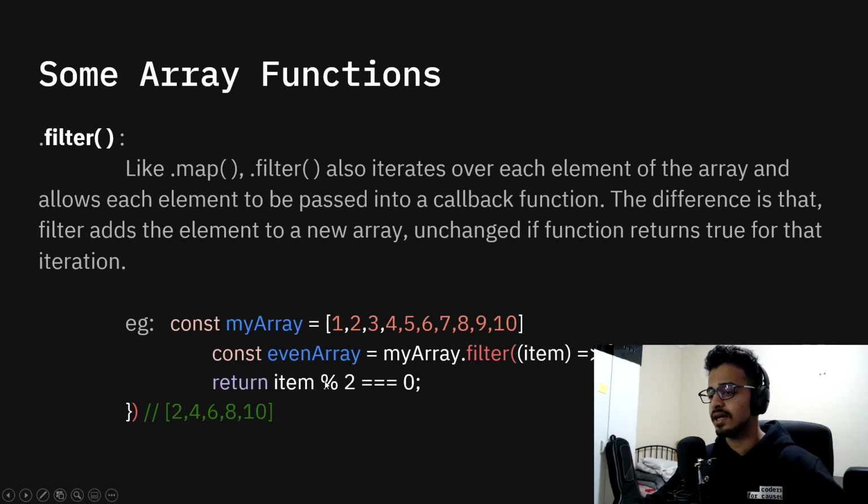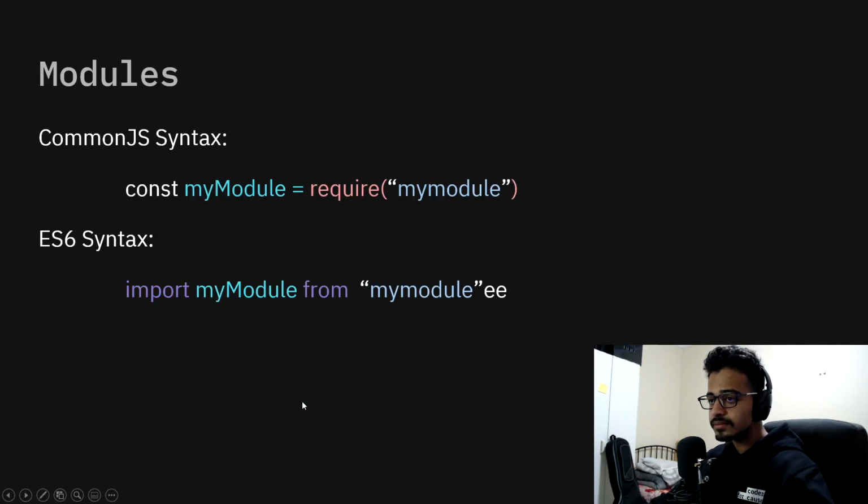In this case, if the item is even, it returns true, and it will add that item to a new array, and at the end of the loop it returns this array to this new variable here. So in this case it's going to be 2, 4, 6, 8, 10, and that's what the even array will be.